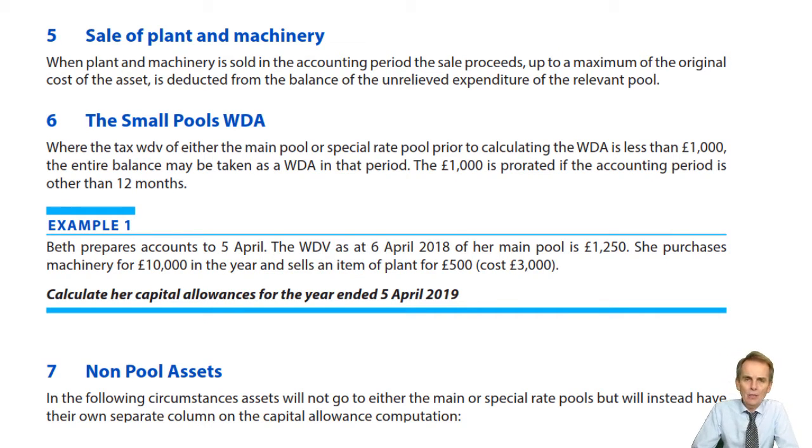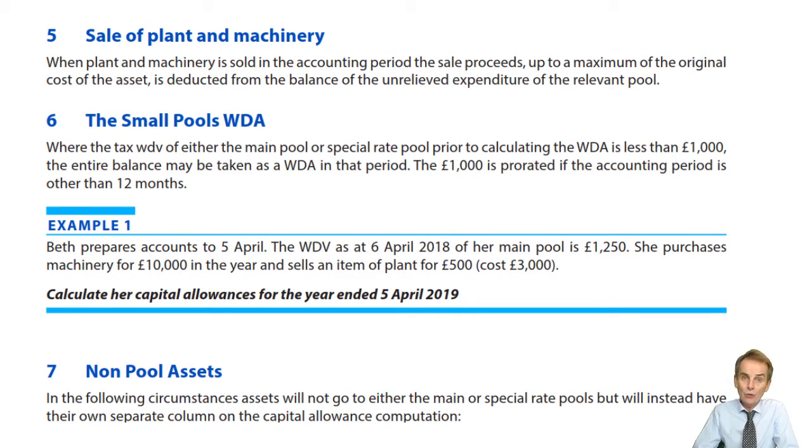Is it motor cars that are not low emission cars, but cars with emissions from 51 grams per kilometre upwards? Those cars do not get AIA, they do not get FYA, they get WDA. And hence we can determine whether that's going to be a main pool item at 18% per annum or a special rate pool item at 8% per annum. If, as we've just said, it is a low emission car, then an FYA is available.